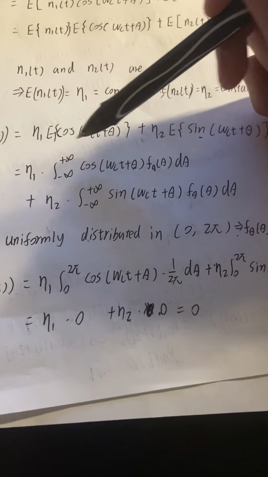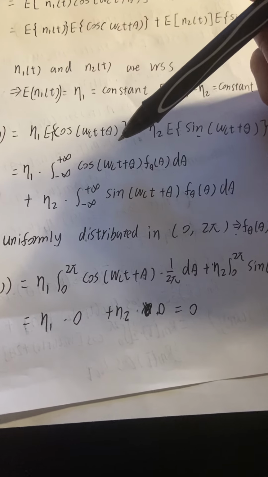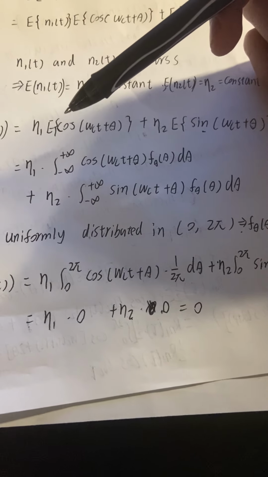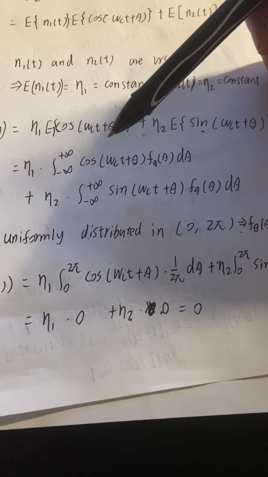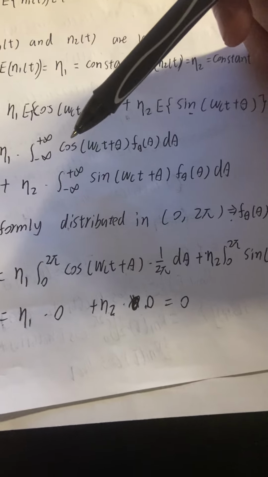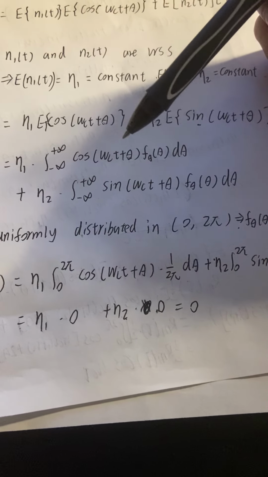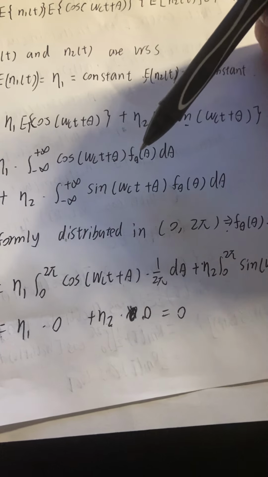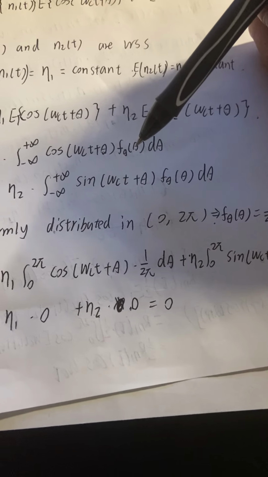For the first expected value, by the definition, it is equal to the integral of cosine(omega_c t plus theta) times the density function of theta d theta.